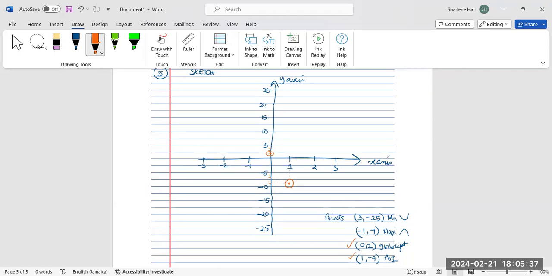And now we have -1, 7. So this is 5, 6, 7, 8, 9, 10. So this is 5, this is 7.